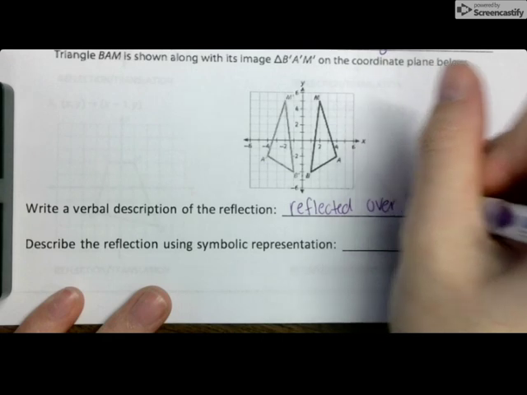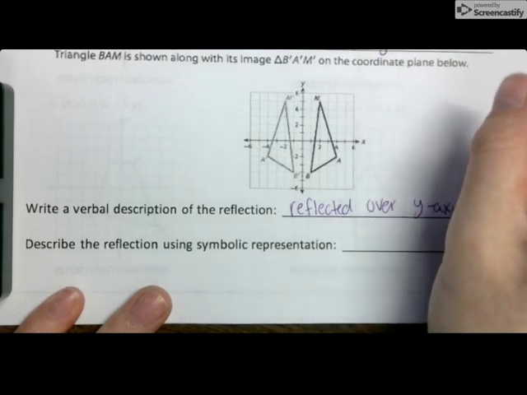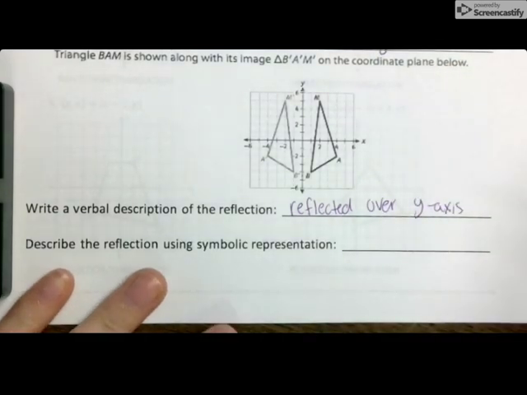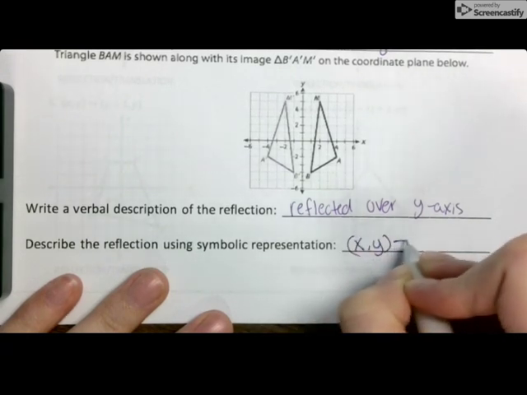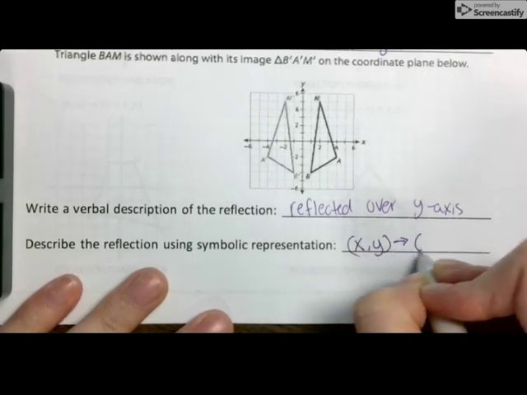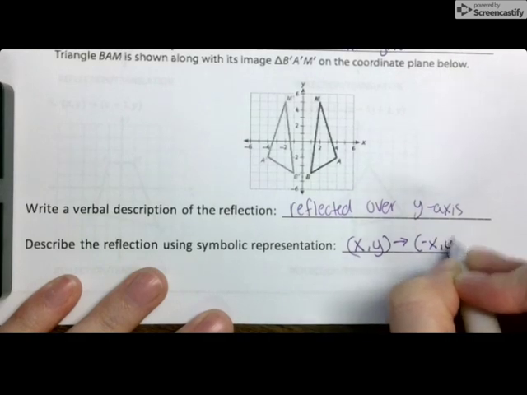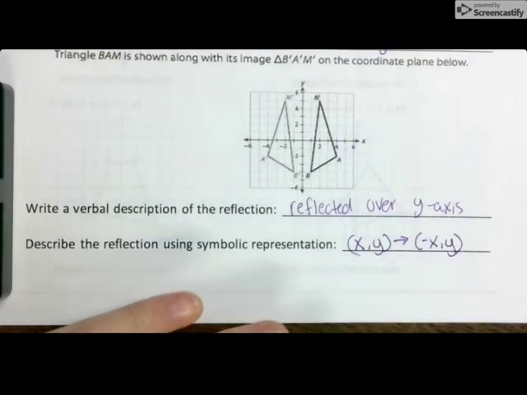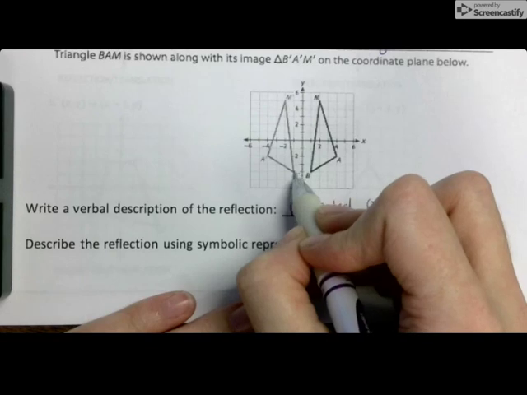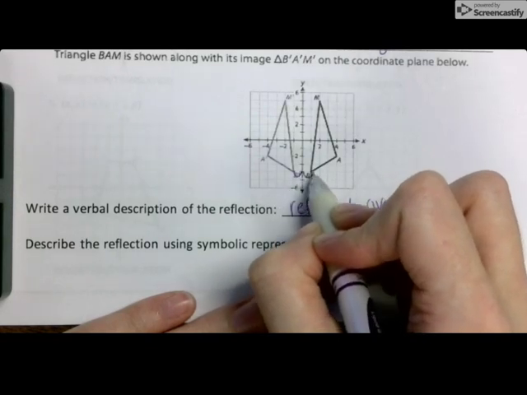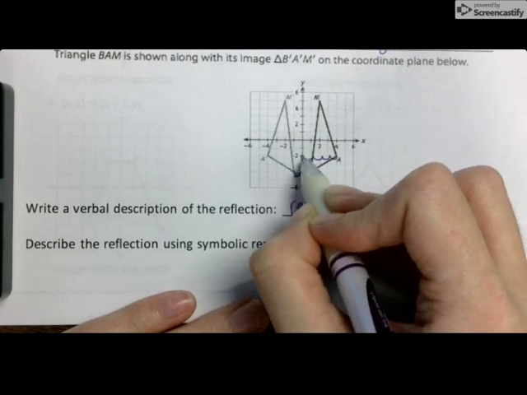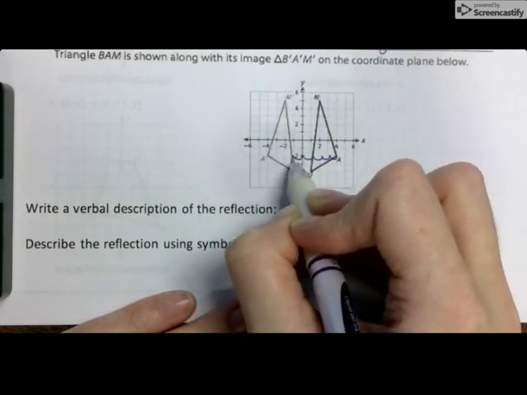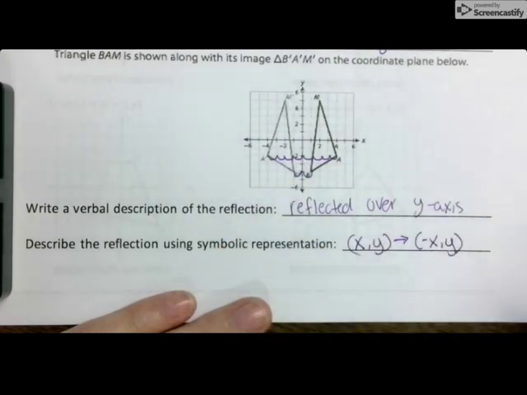Over the y-axis. We just talked about when that happens, the x is going to be the thing that is now negative, and the y will stay the same. Again, this is 1 away. That's 1 away. This is 1, 2, 3, 4 away. So this is going to be 1, 2, 3, 4 away.